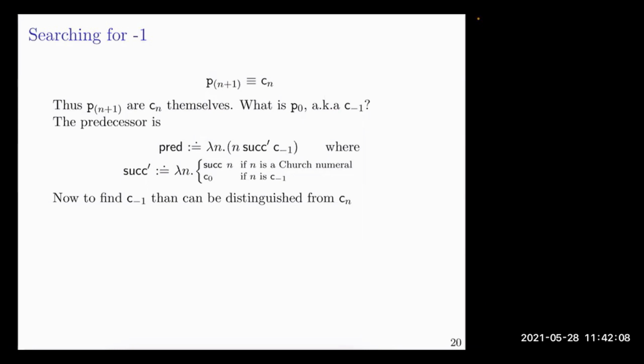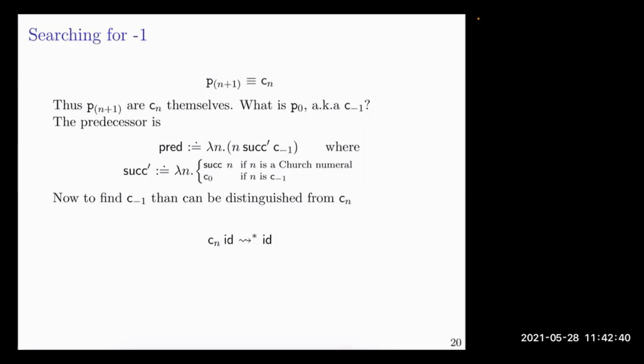So now the task is to find C minus 1 that can be distinguished from any other Church numerals. How do we usually go about solving this task? We exploit some invariant of Church numerals that holds for all Church numerals. And here is one invariant: the identity function is the fixed point of Church numerals. If you apply a Church numeral to the identity, you get the identity.